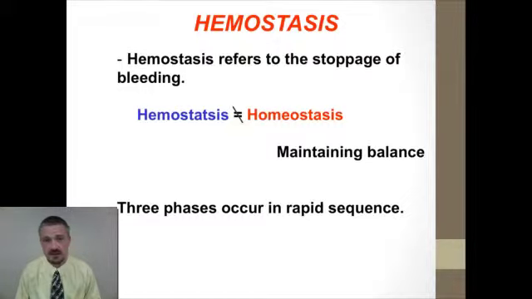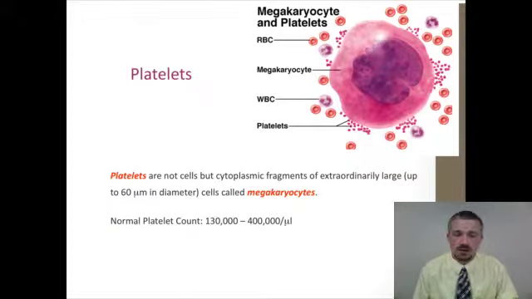What we're gonna see is this event is really a three-step process that is involved in preventing blood loss. One of the cells that is going to be involved in this is what's known as a platelet. Technically, a platelet isn't a cell, it's actually a cytoplasmic fragment of a very large cell known as a megakaryocyte, which is found in the red bone marrow.